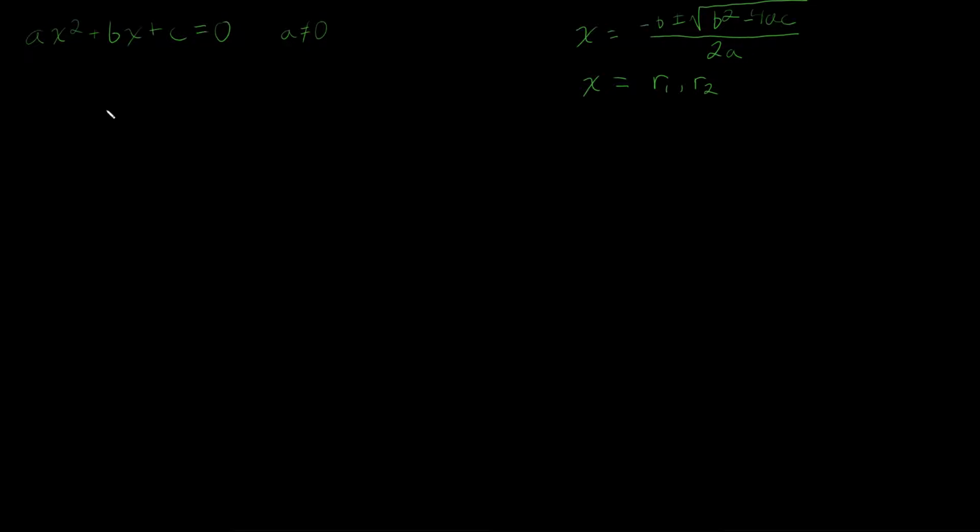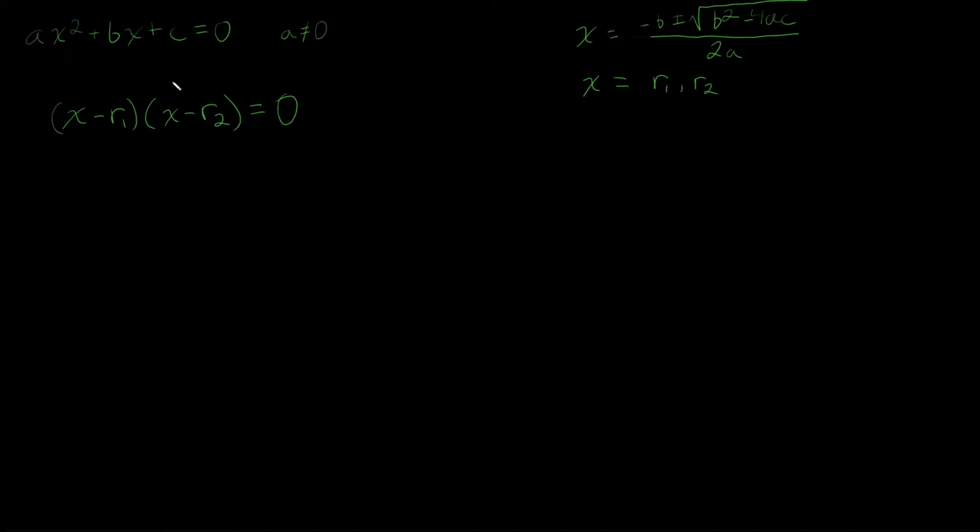And there's something interesting you can do, because if these are zeros of the quadratic, that means this factors like x minus R1 times x minus R2.